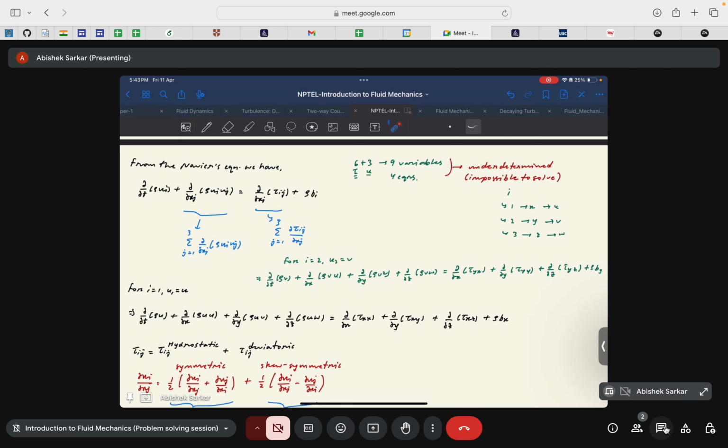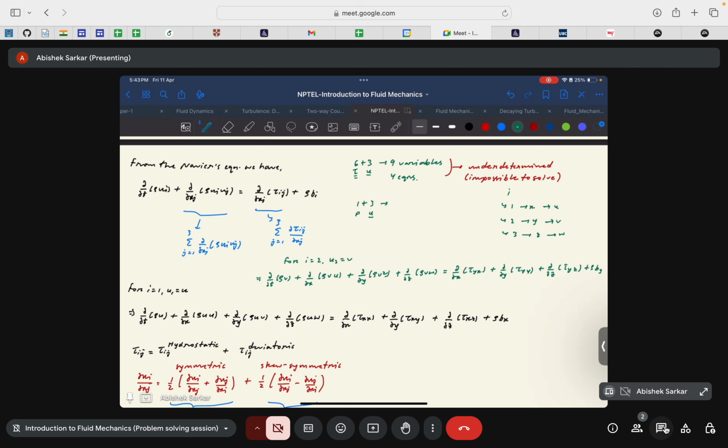Okay, so now we are dealing with, if you are able to dissociate these shear stress tensors in the form of pressure and velocity, then you are left with 4 variables: 1 plus 3. p is a scalar and 3 velocity components.